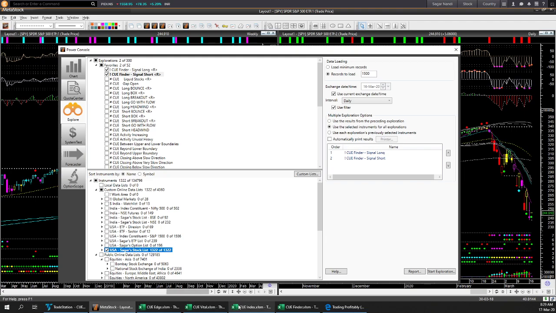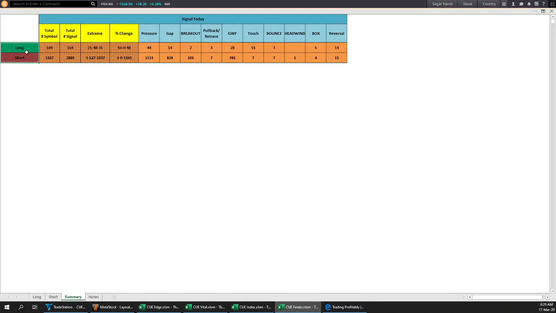So of 1322, if I look at the statistics as of yesterday's close, 1167 stocks are giving a bearish signal, only 104 bullish. And how many signals in aggregate? Bearish side 2885, bullish side only 164.